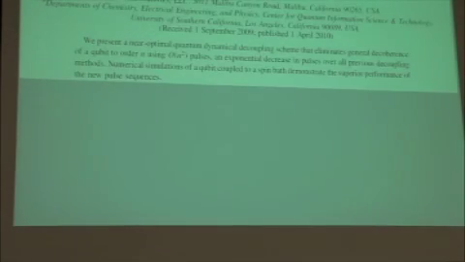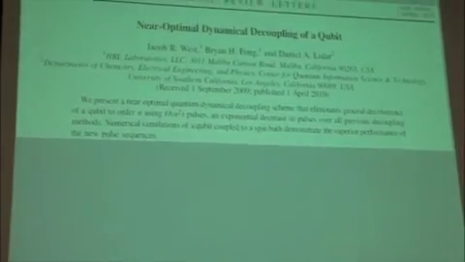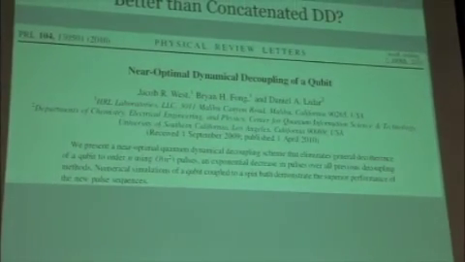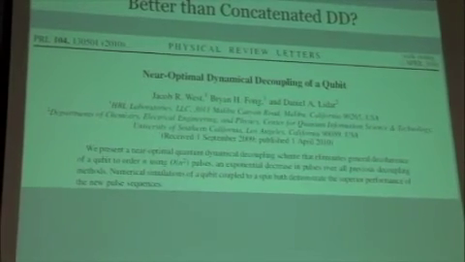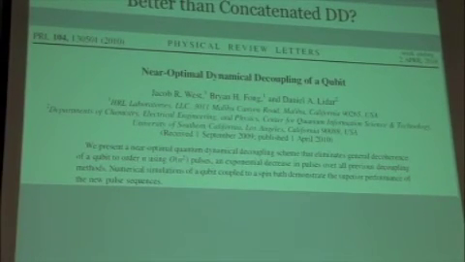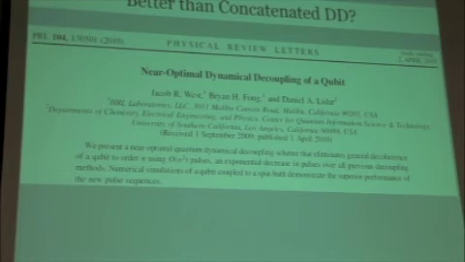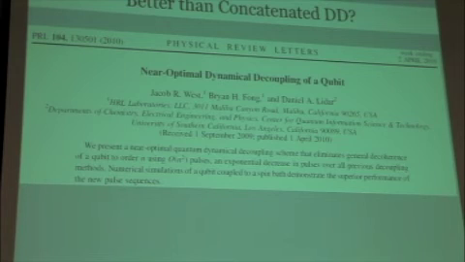Not to be outdone, a year later, was it? I guess. We came up with a pulse sequence that does better than Ulrich's concatenated UDD. It's called CUDD. So now that you get into this zoo of pulse sequence making switches, there's hundreds of them.